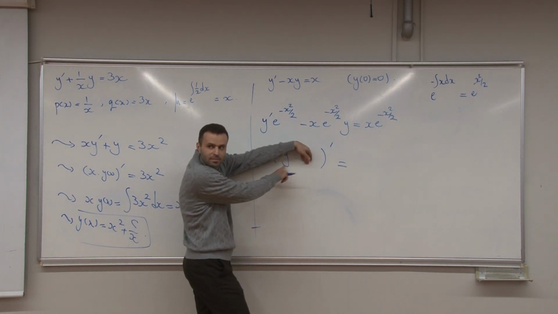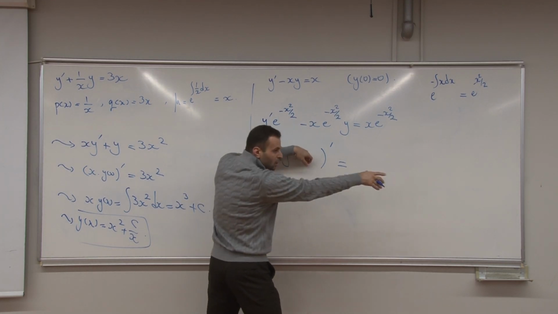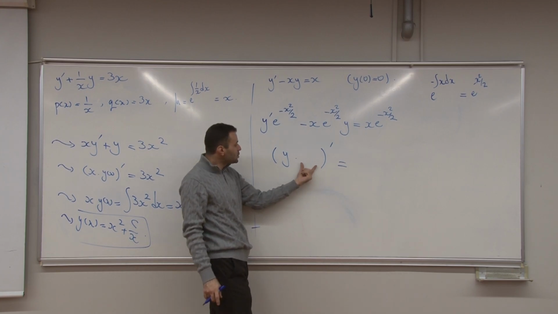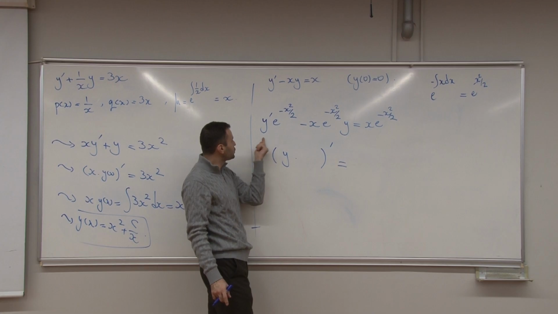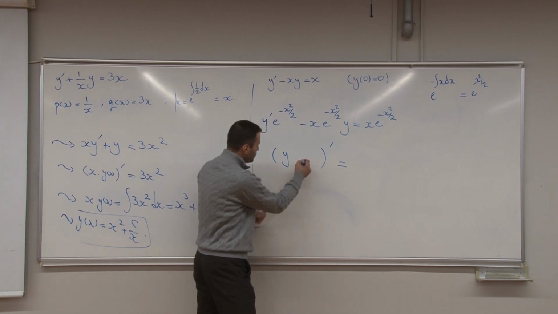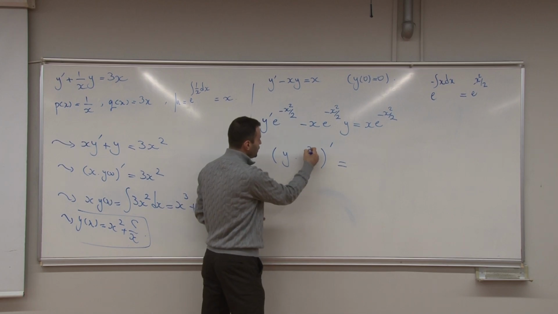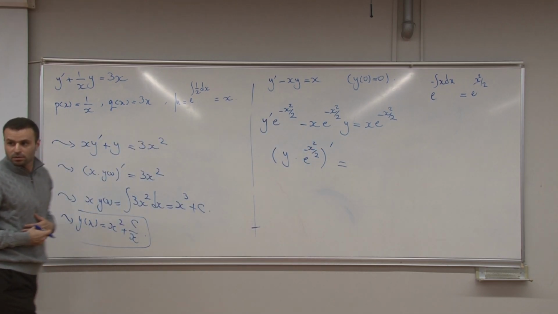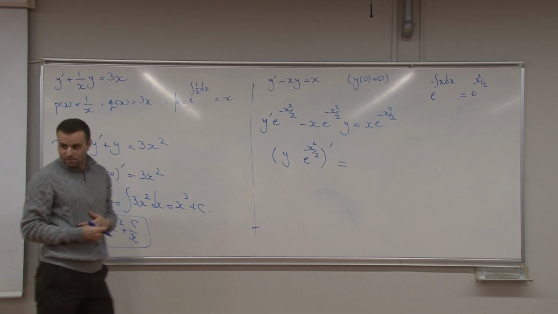Derivative of y times that something plus. To find what we need to write here, we just look at the coefficient of y prime, right? What is multiplied with the y prime? And what should multiply with the e to the power of minus x squared. Does it make sense really?